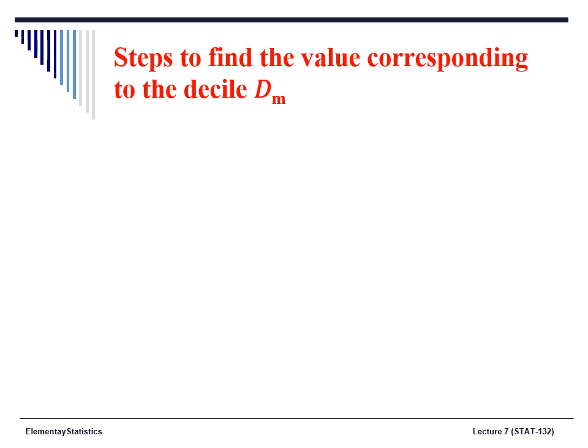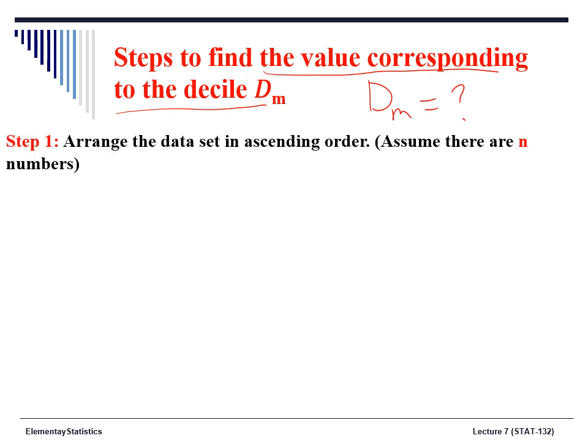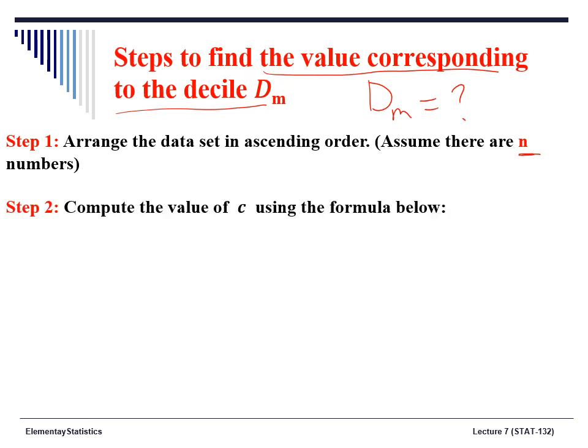And now this is important. How can you find the value corresponding to the decile Dm? You want to find the m-th decile in a data set. You arrange the data set in ascending order and assume you have n numbers. Then you calculate the C value.